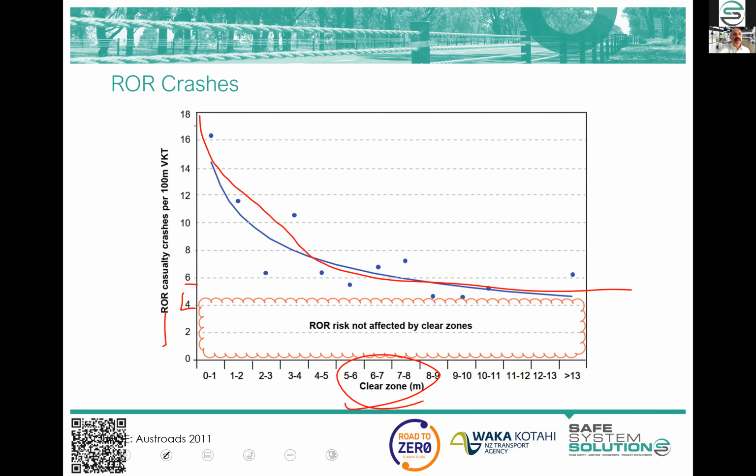Well, people were acting as though, if you've got risk here and you've got 9 meters here, and that's what you've calculated as your clear zone, risk was there, and then just drops off as soon as you're after 9 meters. That's how people were operating.